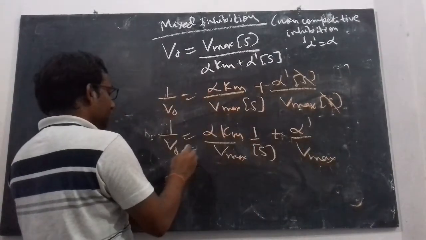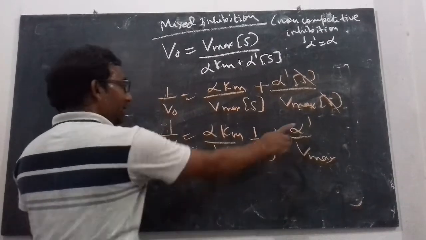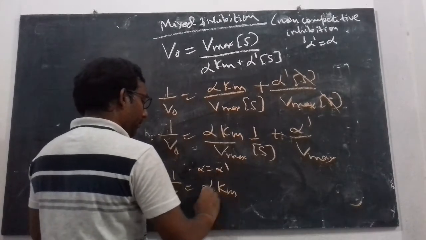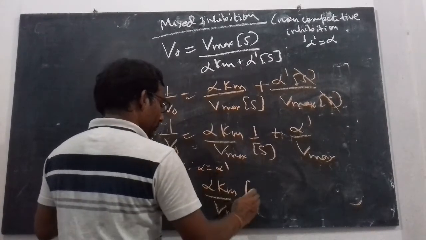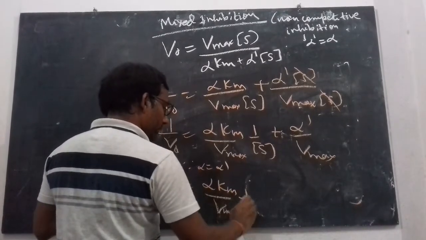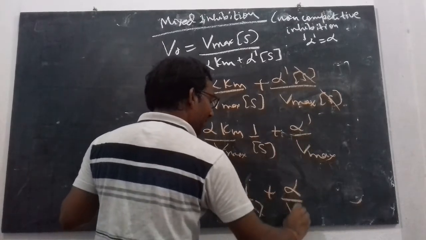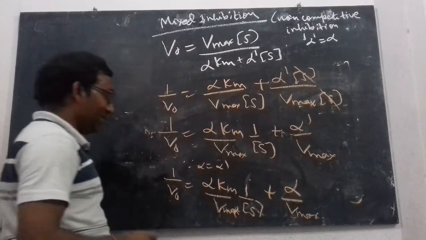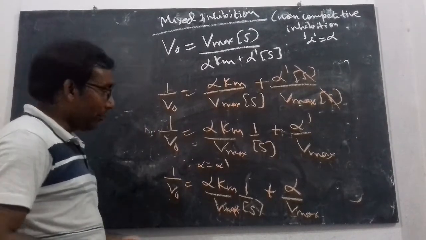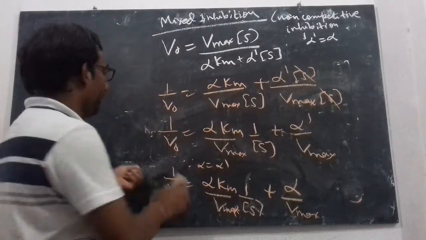Since alpha is equal to alpha dash, instead of alpha dash we can write alpha. So 1 by V naught is equal to alpha Km by Vmax into 1 by S, plus alpha by Vmax.